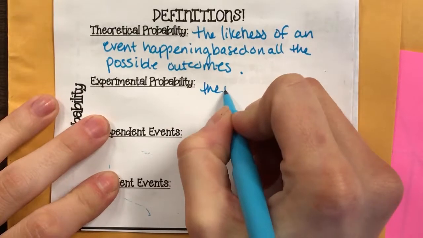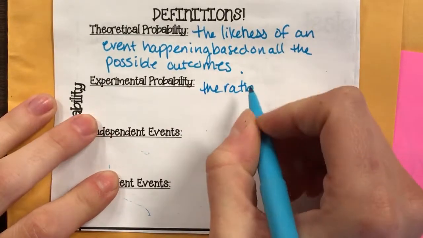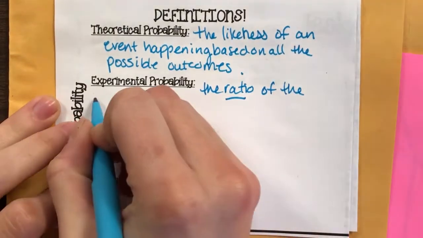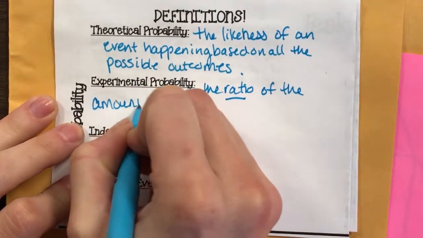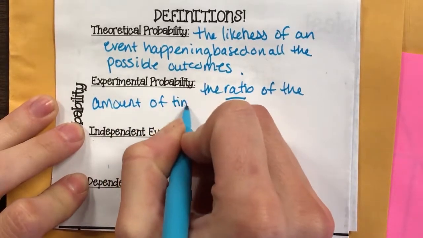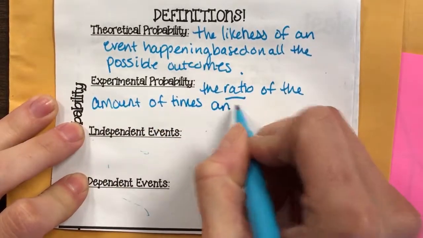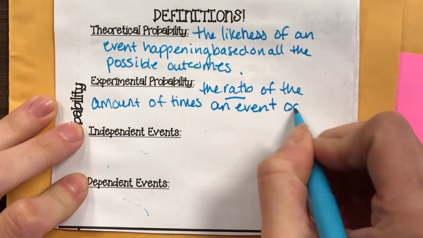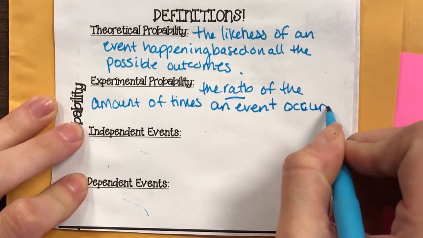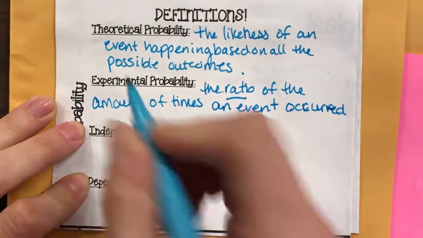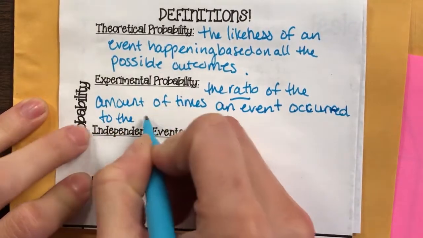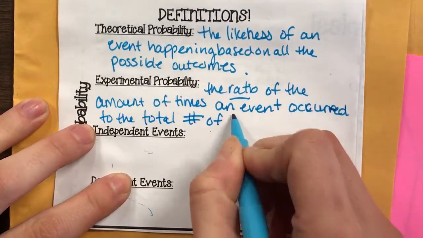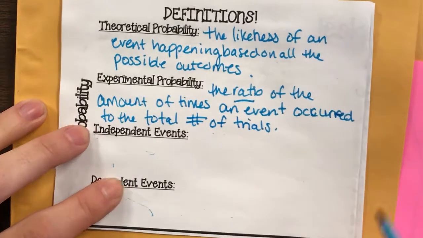Experimental: the ratio of the amount of times an event occurred to the total number of trials, or times it's done.